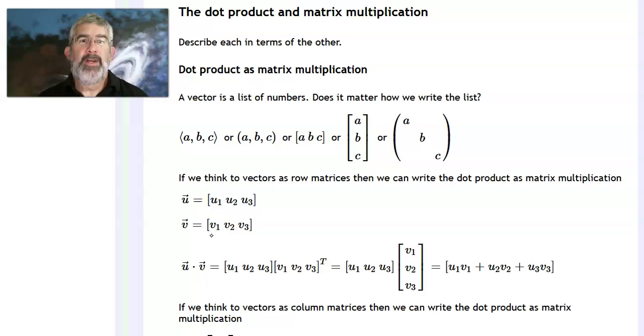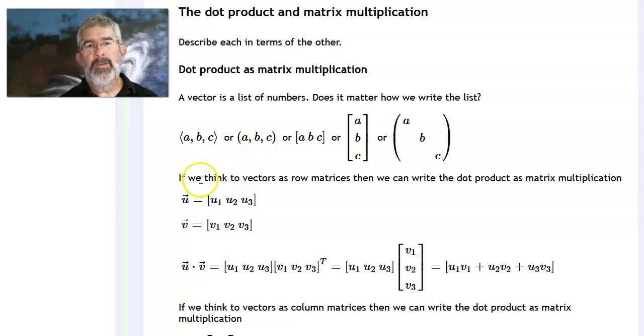Now in chapter 3, x is going to be written as a column matrix, but we're going to think of it as a vector because it's an ordered list of numbers. So what is the vector? Is it this or is it that? The answer is yes. It's whatever you need it to be. It's a list of numbers. The thing is, as a matrix, we can do matrix arithmetic with it and see that it's the same thing as the dot product that we're doing.